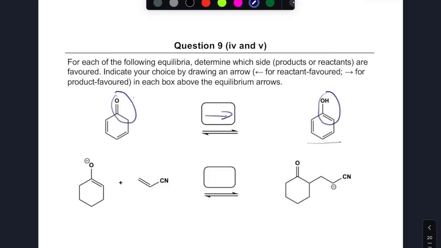This last one was actually in previous midterms as well. What we have here is a stabilized enolate, a carbanion which is stabilized over here. However, the anion that we generate via a Michael addition, or conjugate addition, forms an anion which is very highly stabilized by this nitrile.